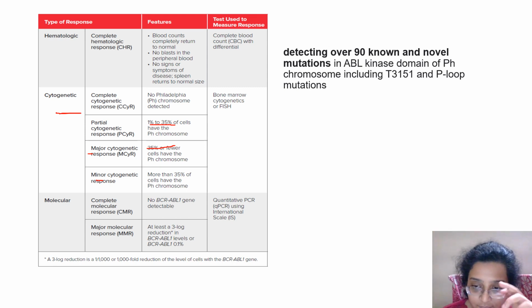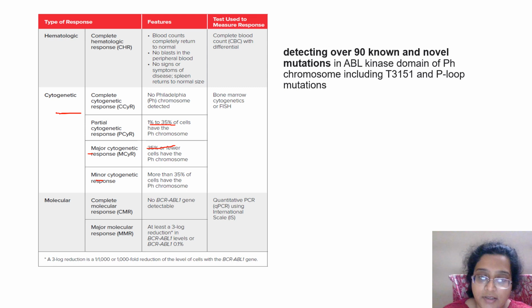Molecular is after you see the chromosome through FISH, then through RT-PCR you try to see what exact mutation took place, that is, how much reduction there has been in the BCR-ABL1 mutation. The basic cutoff we take is 3 log reduction. If there is a 3 log reduction then it is a major molecular response. And if you can find no BCR-ABL mutation at all, then it is a complete molecular response.